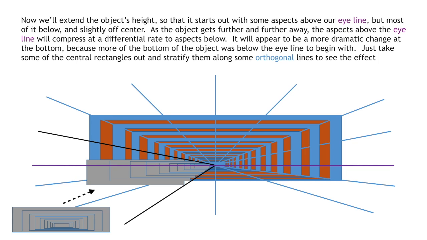So again, just take out some rectangles, stratify them along the orthogonal lines for their rate of ascent and descent, along some of the orthogonal lines, like I said, and you will see the effect. So you can see here in the bottom left, those are the rectangles that I pulled out from the perspective view in a central perspective view, and then you just move the corners so that they stratify themselves along the orthogonal lines, which I outlined here in black.